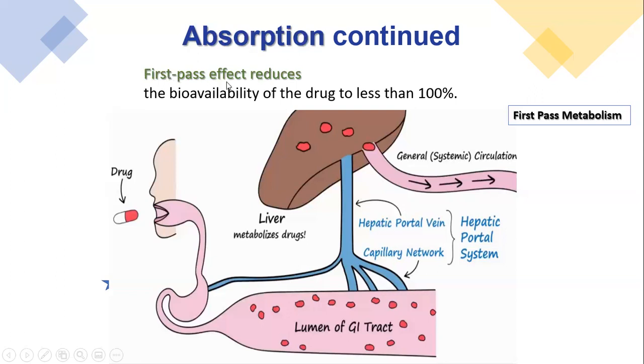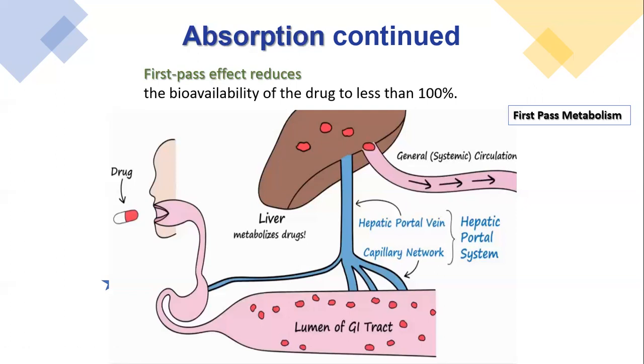What is the first pass effect? The bioavailability of the drug is reduced to less than 100%. But if you ask me what is first pass metabolism, let me explain. The first pass effect is the term we use for hepatic metabolism, meaning liver metabolism.